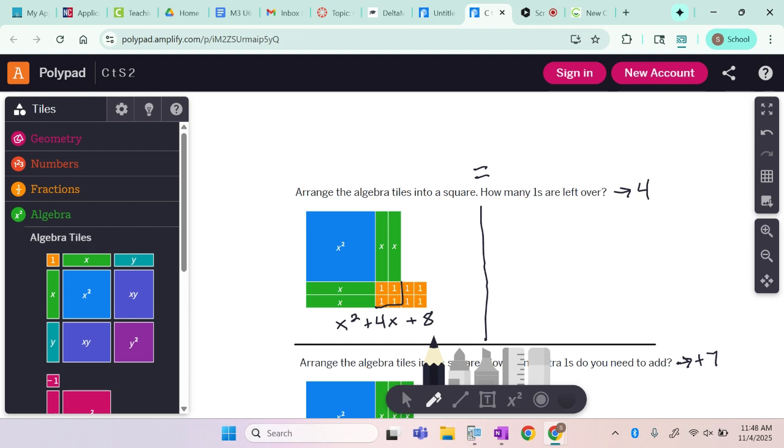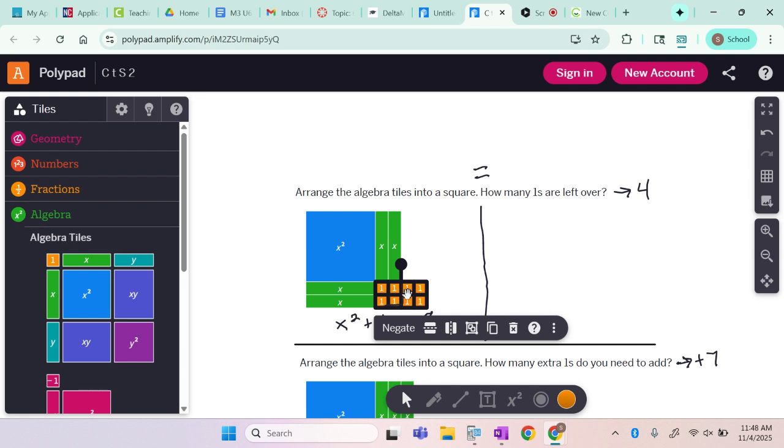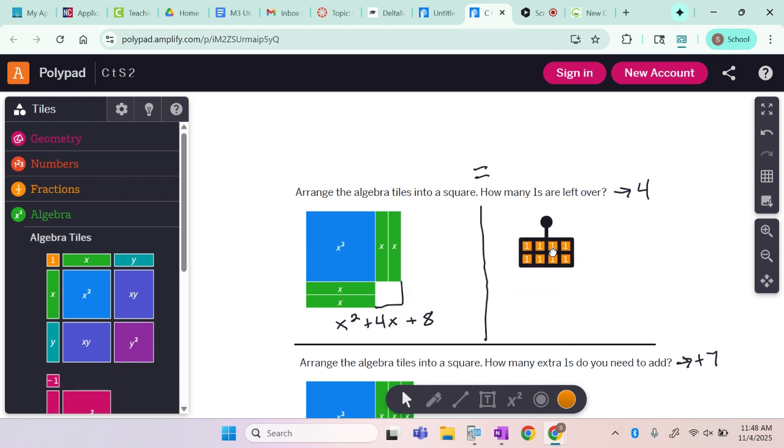All right. Now, here's the deal when it comes to completing the square. We want to make room for the square itself. So in order to make room, I want to remove all the ones we currently have. So I'm going to take all of these ones, and I'm going to move them to the other side. Now, mathematically speaking, if I move anything around the equal sign, what do I have to do to it? Change the sign.